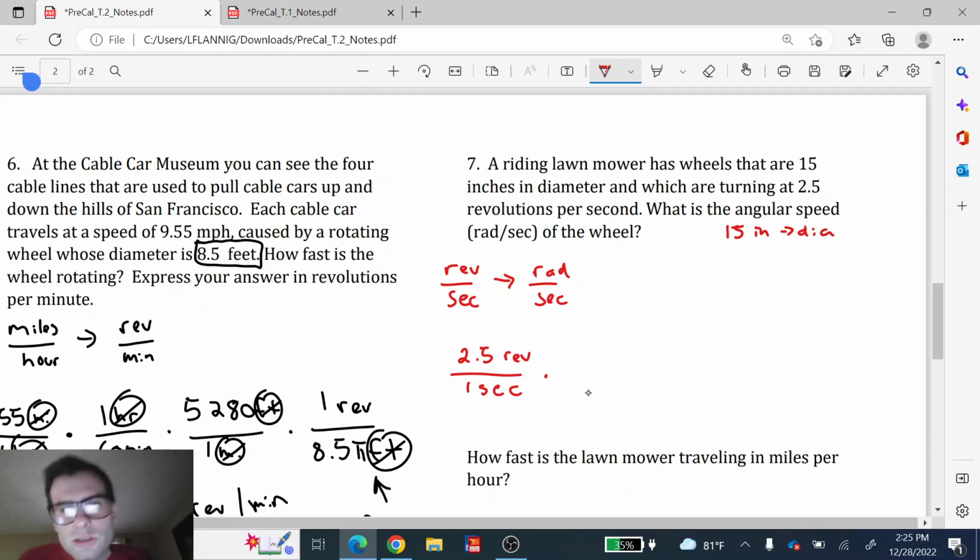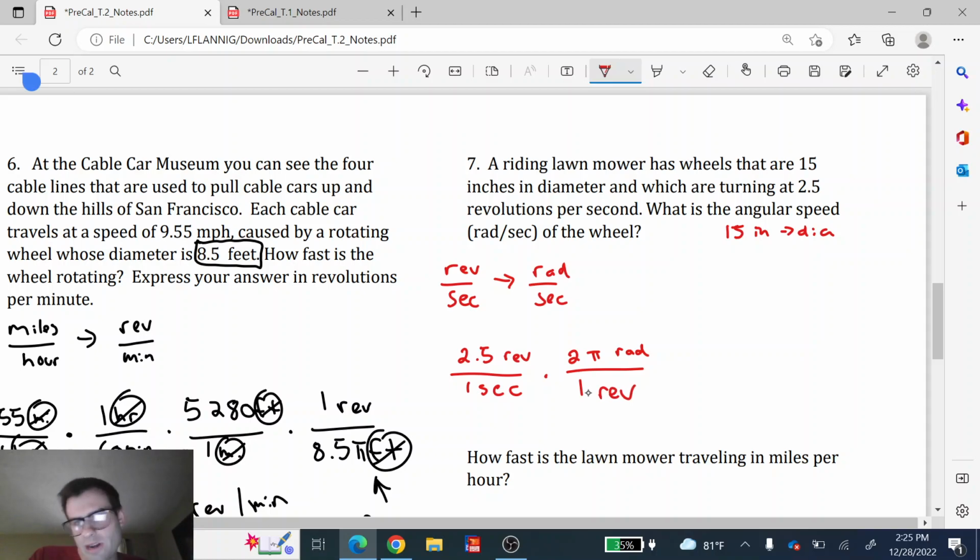So the first thing I have to do is get rid of that revolution, and the way you can do that is we know 2 pi radians is equal to 1 revolution.